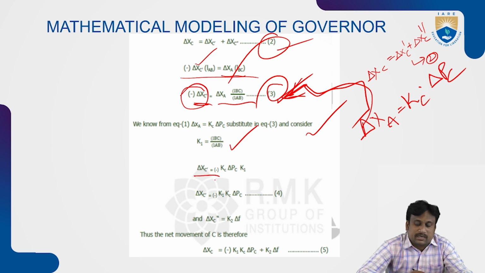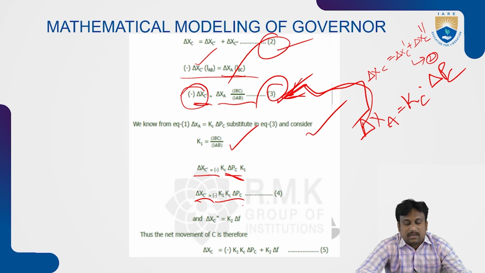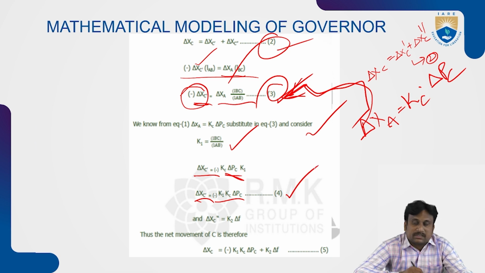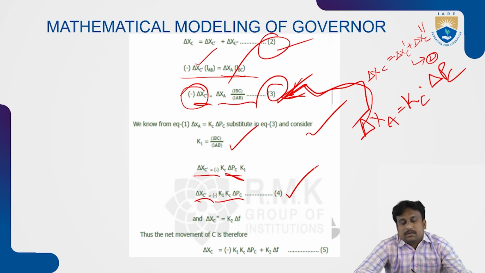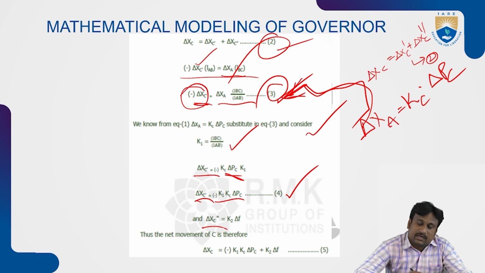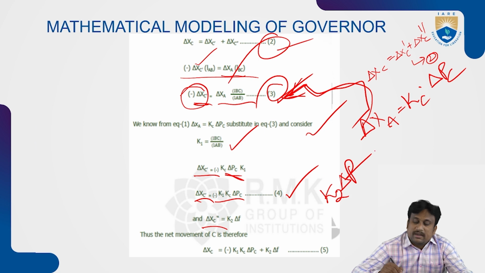So delta XC dash is equal to minus Kc delta Pc into K1, that is, delta XC dash equals minus K1 Kc delta Pc. This is represented as equation 4. And delta XC double dash can be represented with a constant K2 times delta F, where delta F is the change in frequency.